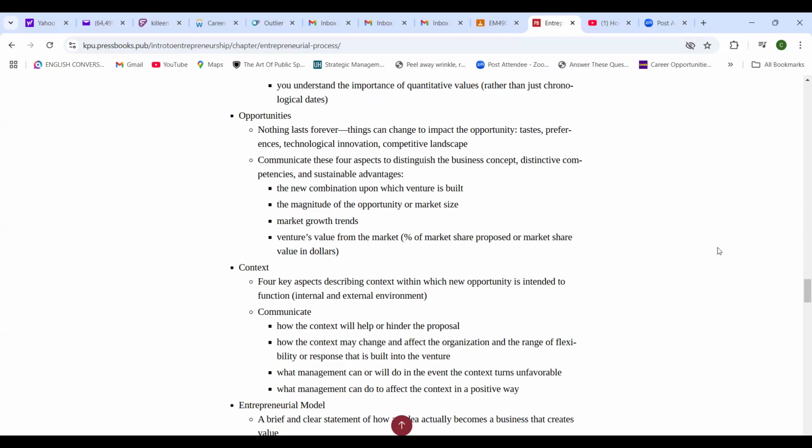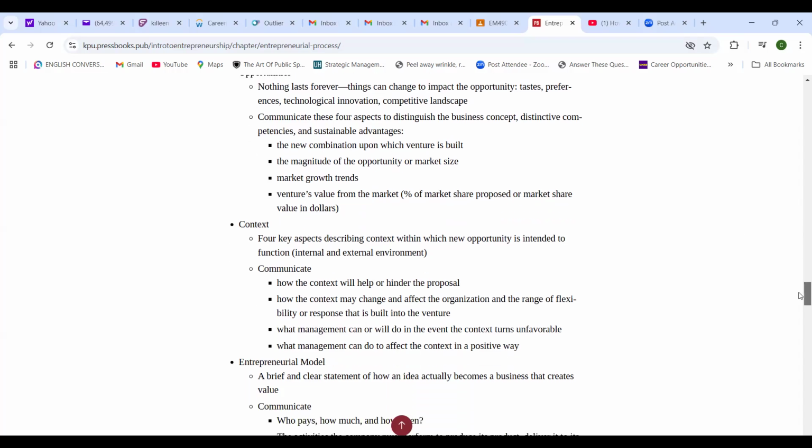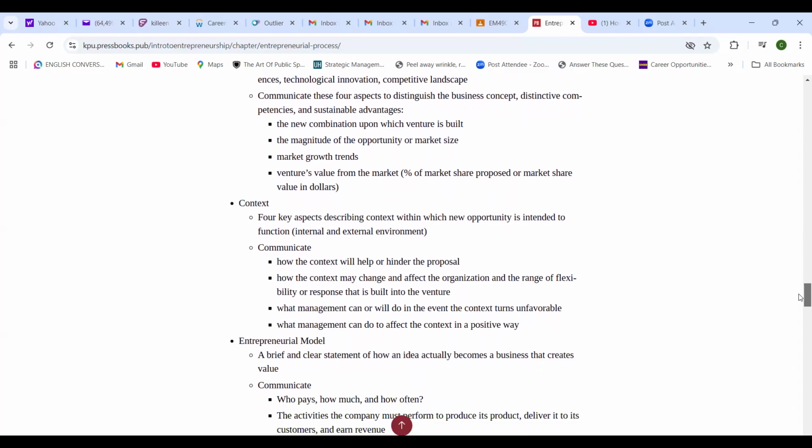The magnitude, opportunities, market size, and market growth trends, and the venture's value from the market percentage, proposed market share in the values.